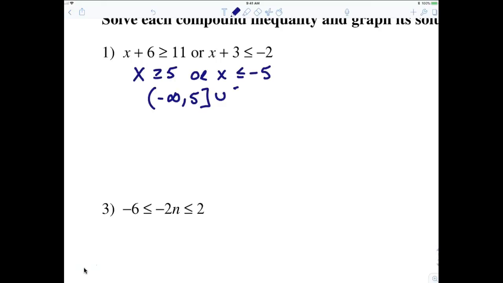Which means if I wanted to write this in interval notation, it would be from negative infinity to -5, and then bracket 5 to infinity. There are brackets on both of them, right?